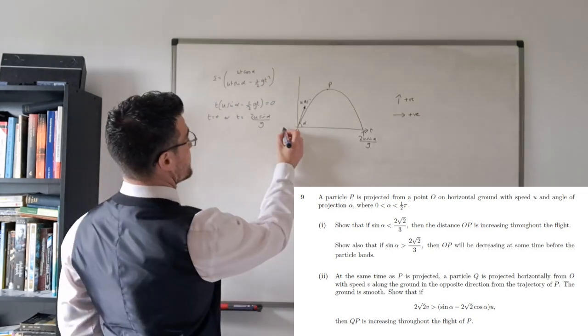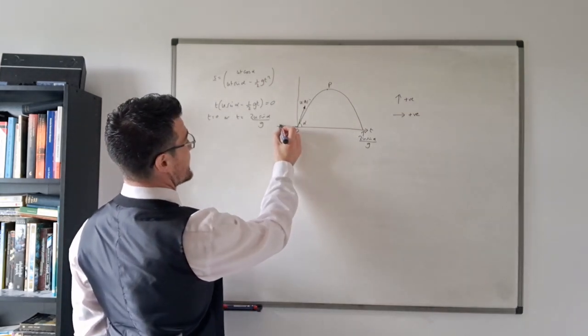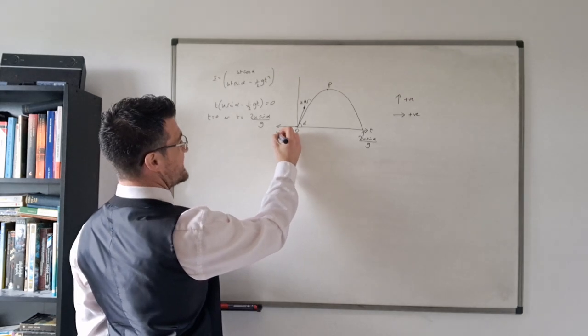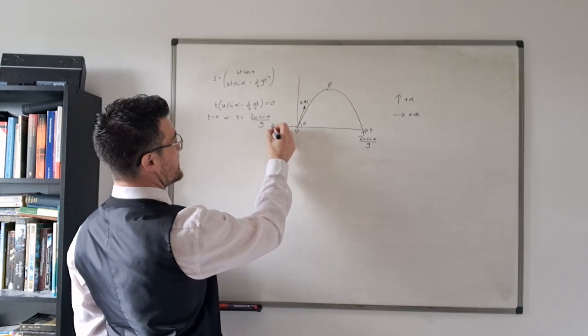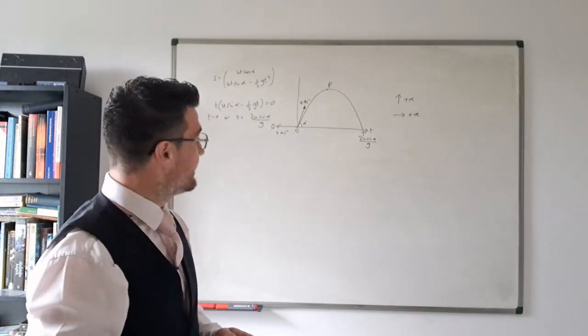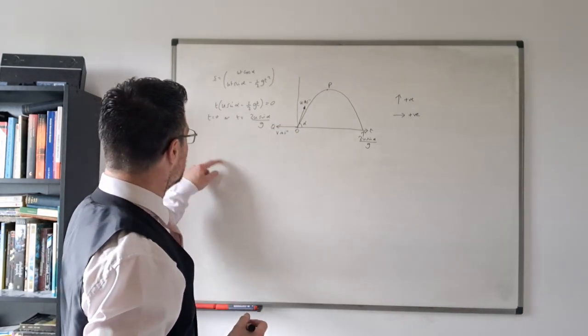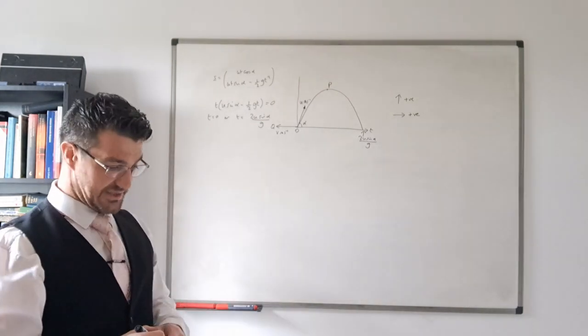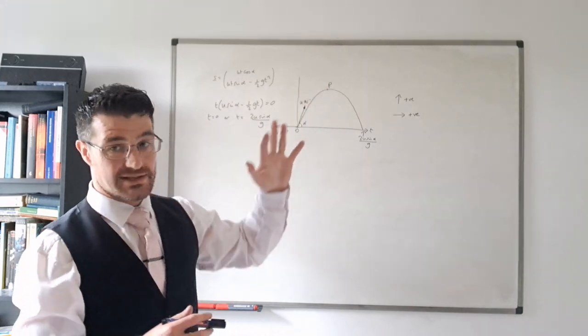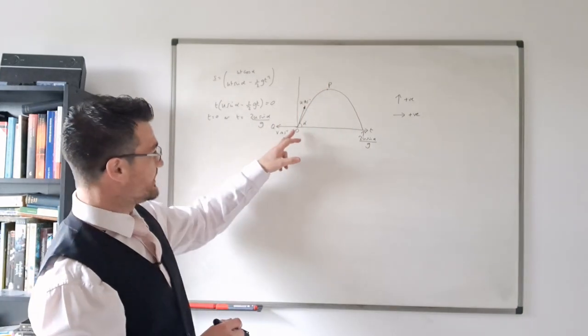So here we've got Q, which has been projected in this direction with speed v meters per second. Now I need to find an expression for the distance QP rather than the distance OP.